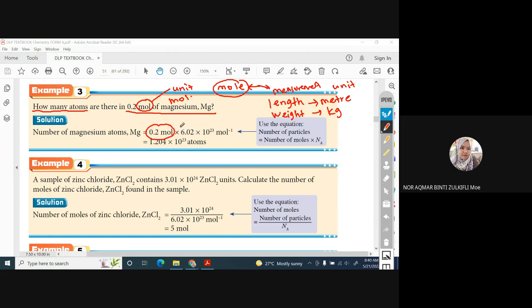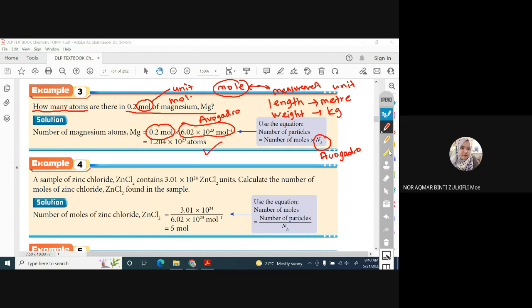You just multiply by the Avogadro constant. The symbol is Na, which means Avogadro. Yes, you get the answer.